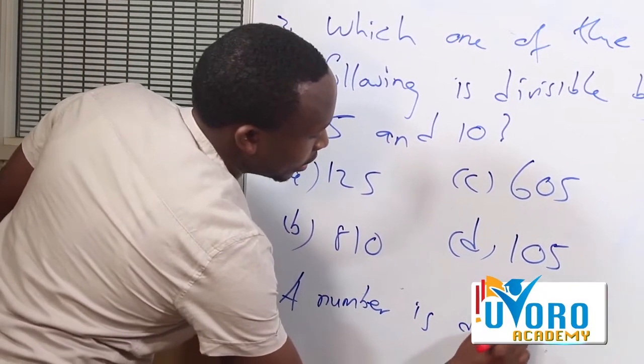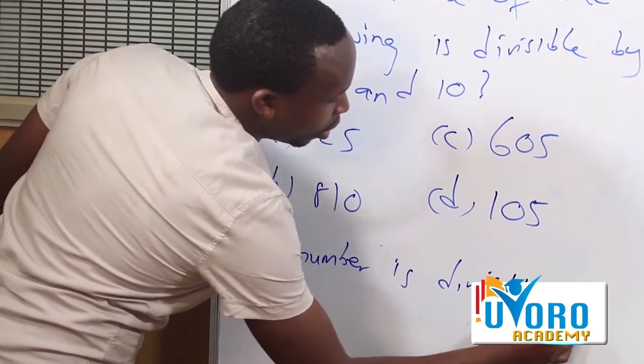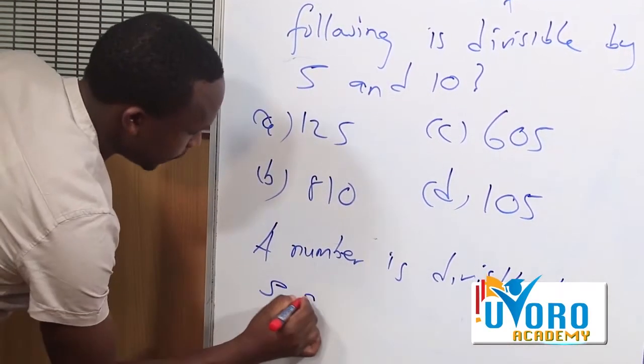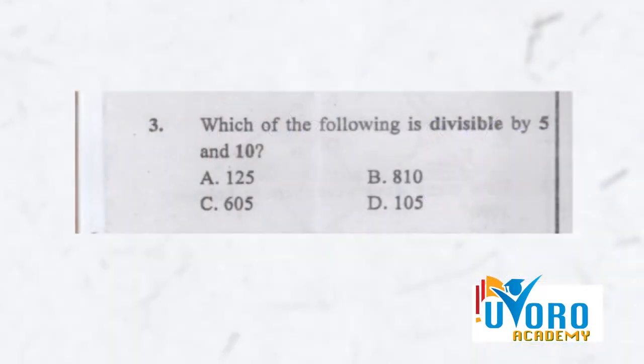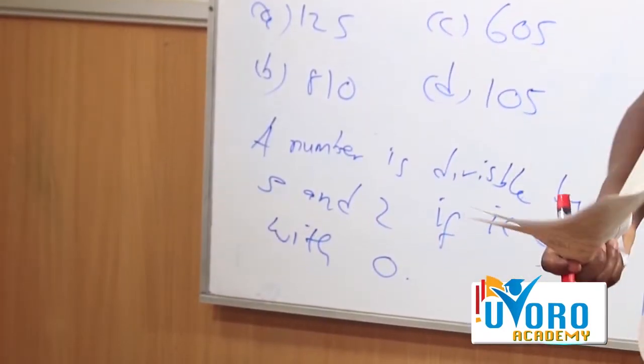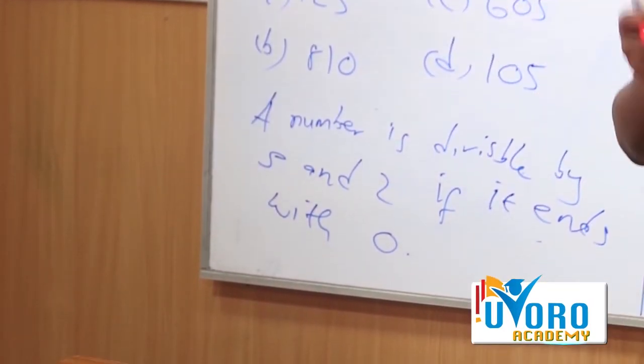is divisible by 5 and 2 if it ends with 0. All of us, let's read. A number is divisible by 5 if it ends with 0.